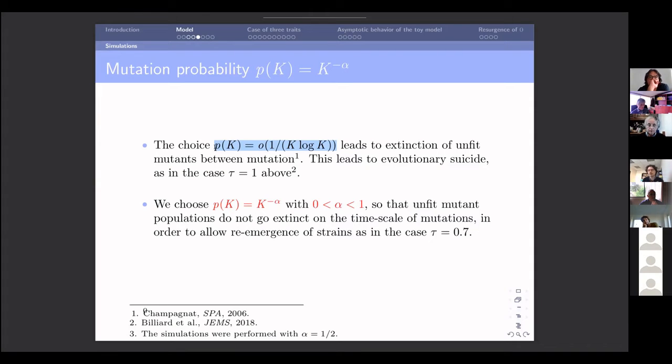So in a sense, if there's a disadvantaged trait, it's going to be killed, completely extinct, when the next mutation occurs. Or if you have an advantageous trait, it's going to fixate in the population, for example. Okay, so I'm not going to explain how you get this, but this is not so hard to understand.